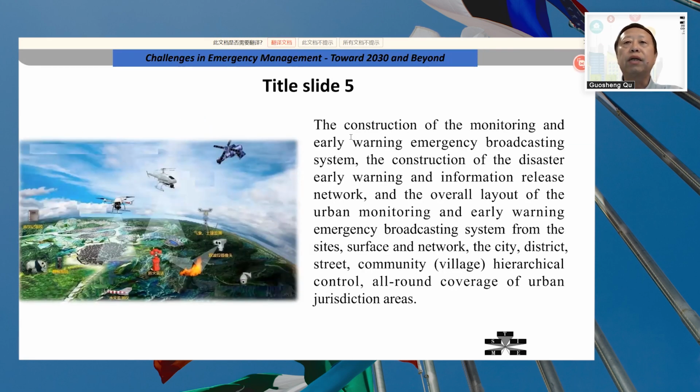Here is the construction of the monitoring and early warning emergency broadcast system, the construction of the disaster early warning and information release network, and then the overall layout of the urban monitoring and early warning emergency broadcast system from site, surface, and networks: the city, district, street, community, and also all-round coverage of the urban jurisdiction area.